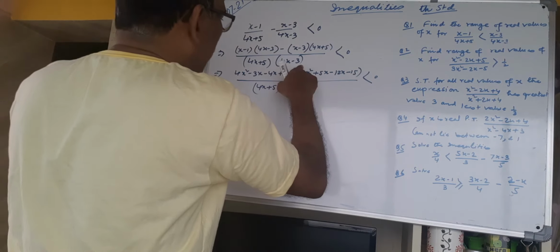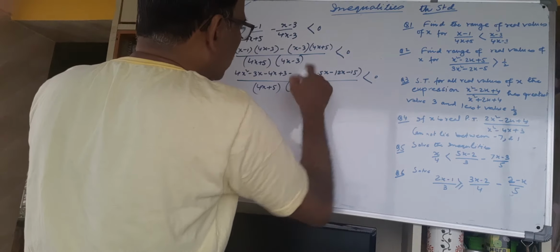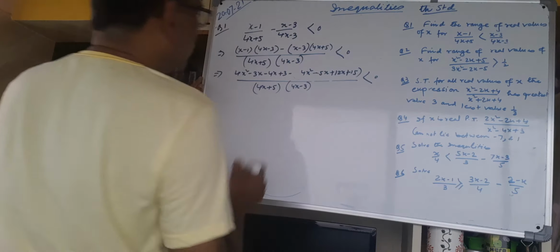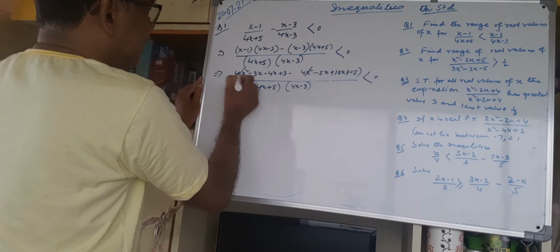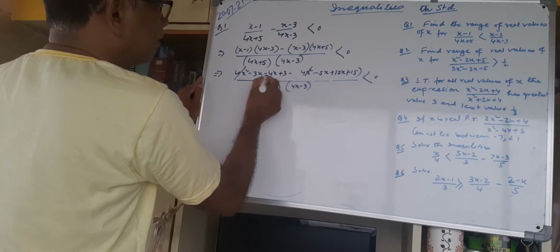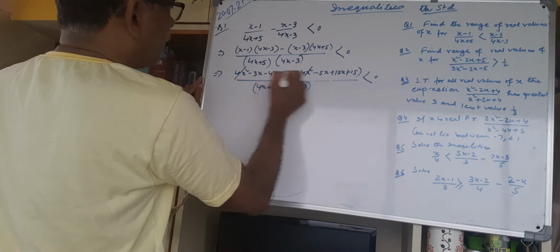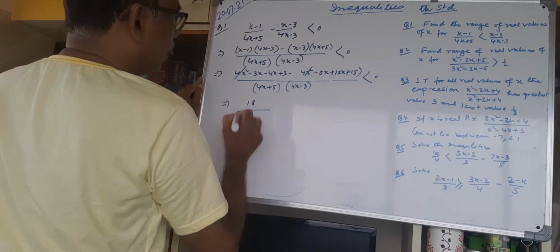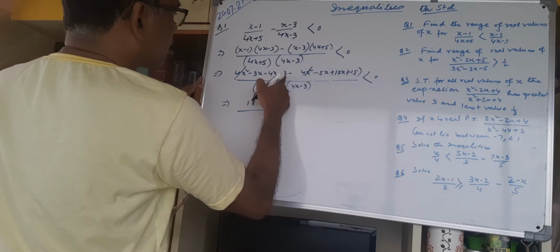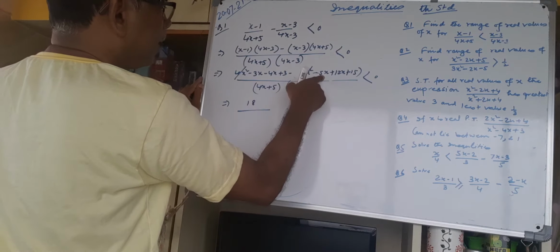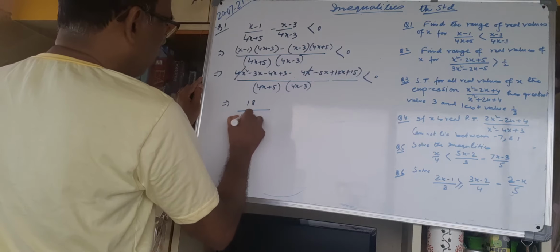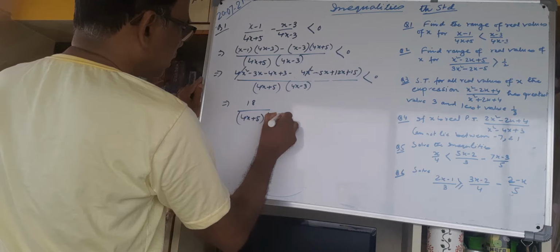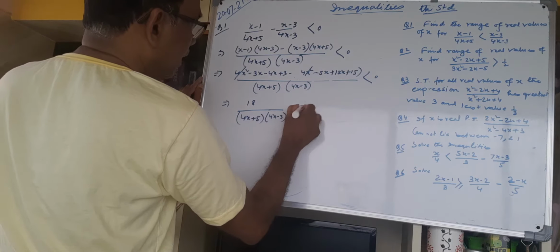If we remove the bracket, the sign will be changed. This will be minus, this will be plus, this will be plus. 4x square cancels. Minus 7x, minus 7x, and 18 over 15 plus 3, 18. Minus 12x plus 12x cancel, over (4x plus 5)(4x minus 3) less than 0.